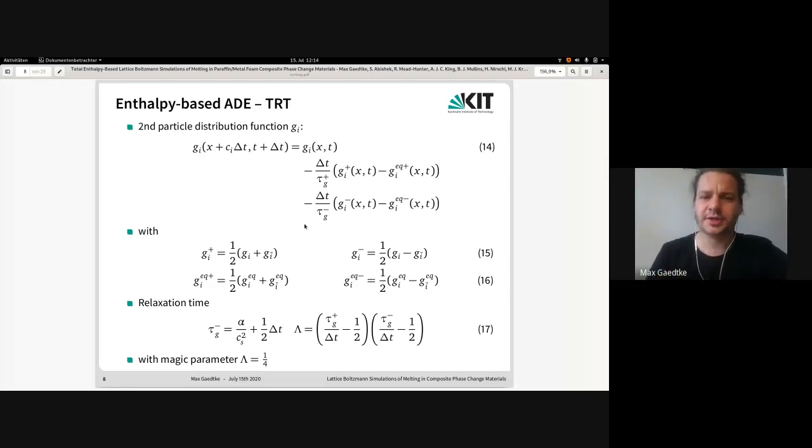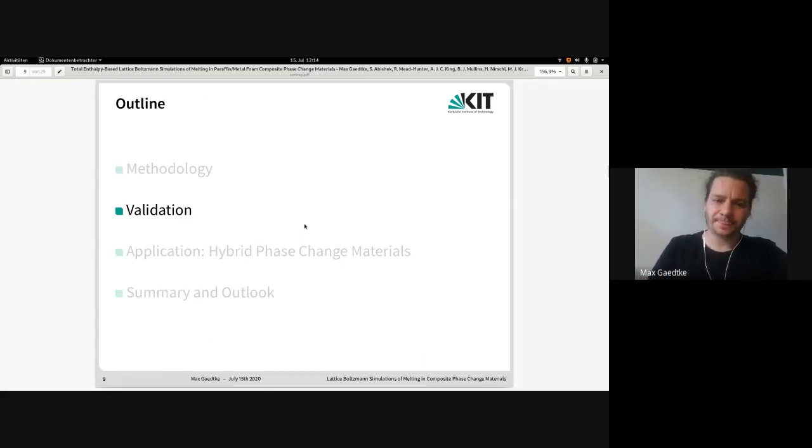This is the standard TRT scheme here in equations 14, 15, and 16. The relaxation time is again a function of the diffusivity for the anti-symmetric parts, and for the symmetric parts we calculate it by defining a magic parameter of 1/4, which we found limits the diffusivity at the boundary, so the non-physical diffusion at the boundary, quite effectively.